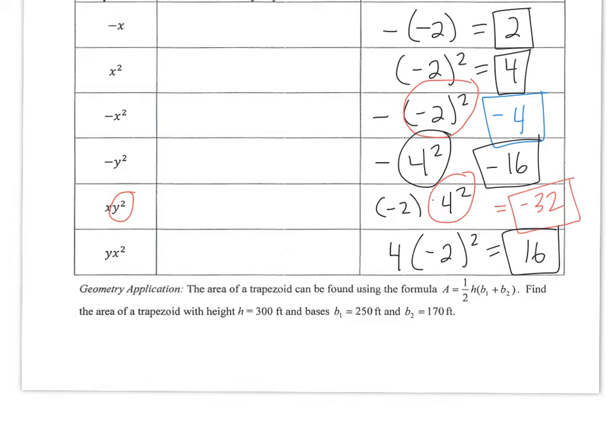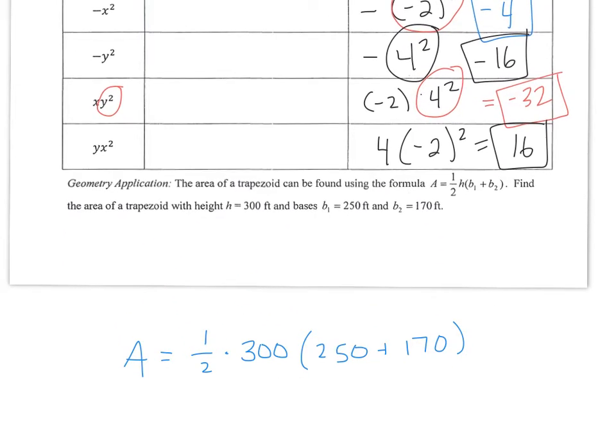And then the last problem, the area of a trapezoid can be found using this formula. Find the area of a trapezoid with heights of 300 and bases of 250 feet and 170 feet. So I do area equals 1/2 the height, which is 300, times 250 plus 170.